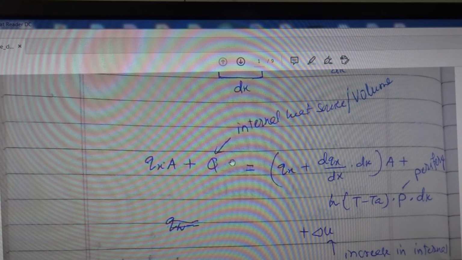You can add Q into A dx is equal to Qx plus dqx by dx into dx into area, plus heat transfer due to convection H T minus TA. TA is the temperature of the air, T is the surface temperature, into P is the periphery into dx, plus delta U is the increase in the internal energy.